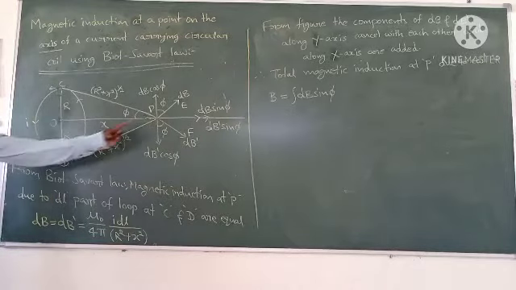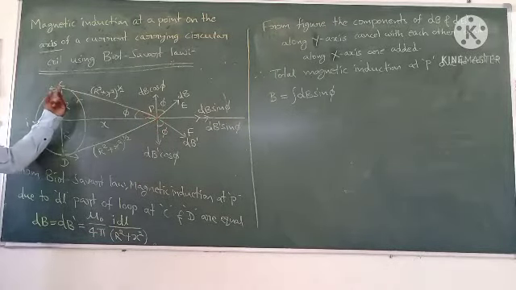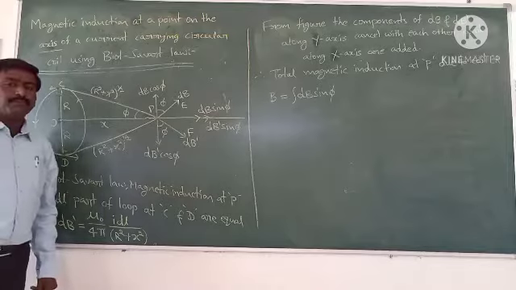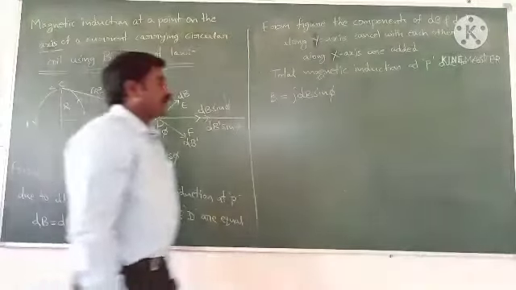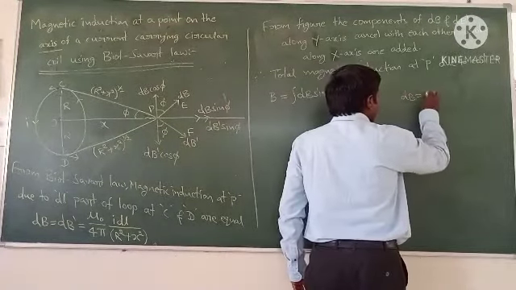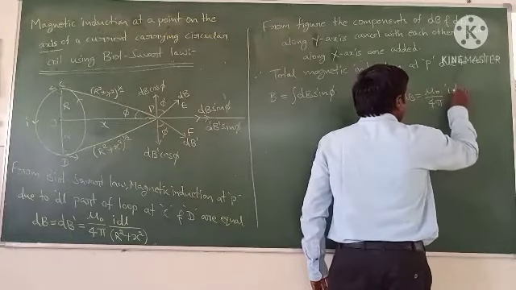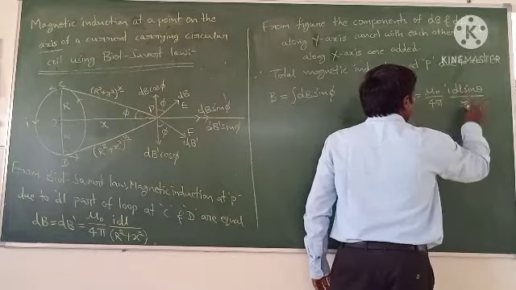That means the point P is at the same distance from the dl element at point C and the dl element at point D. Now apply the Biot-Savart law on this case. What is Biot-Savart law? The magnetic field dB equals mu naught by 4 pi, I dl sin theta by r square.